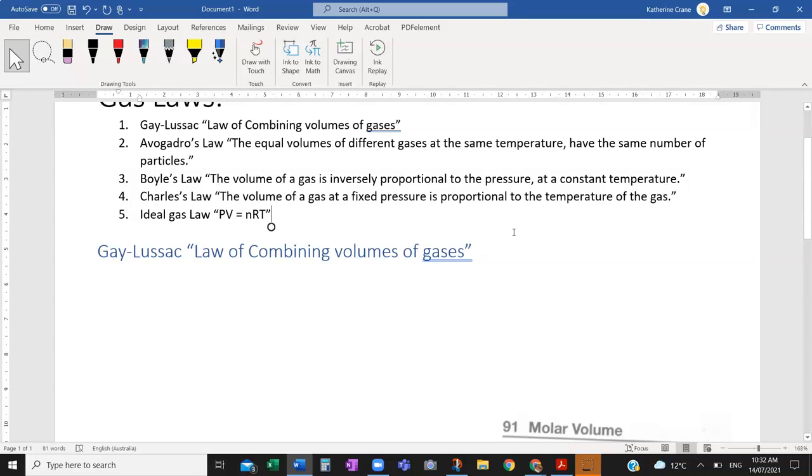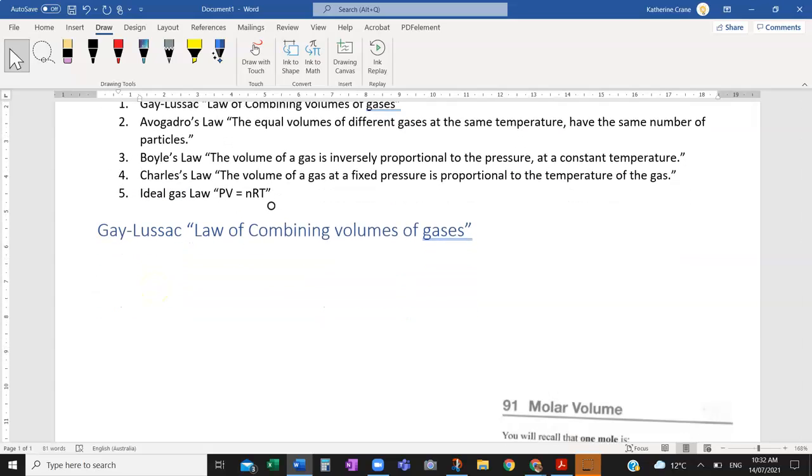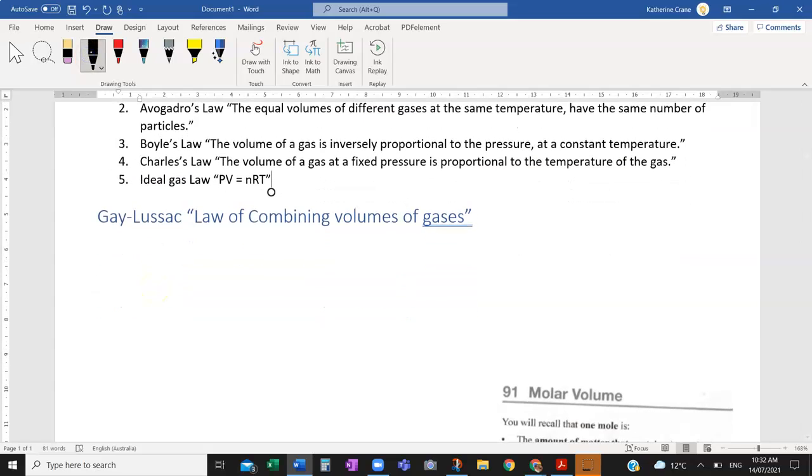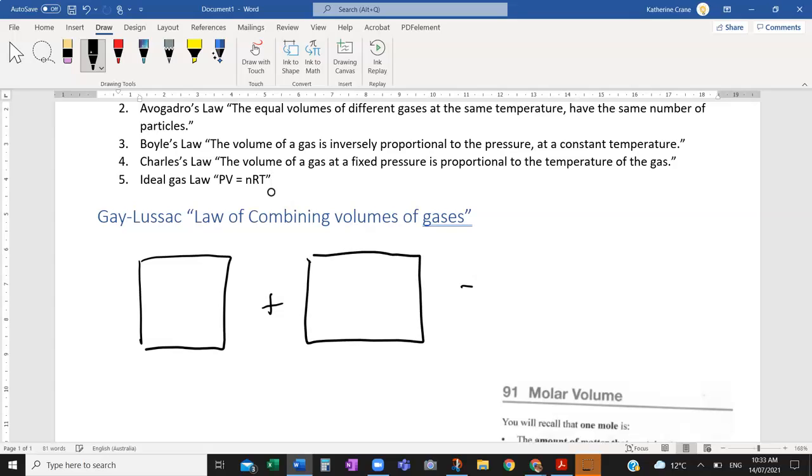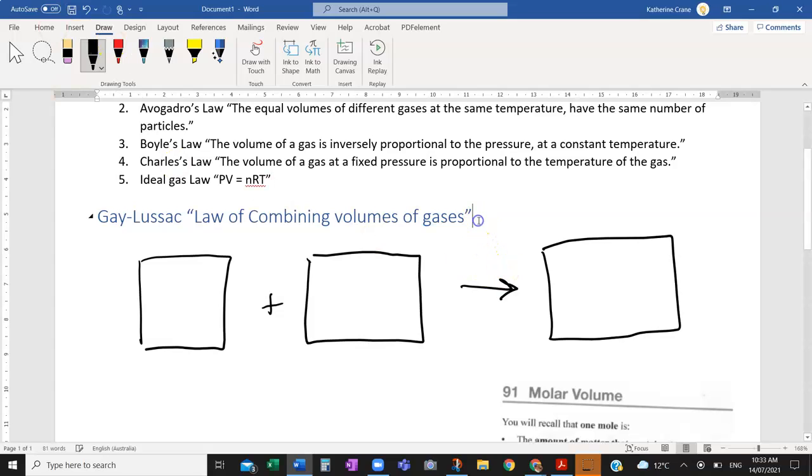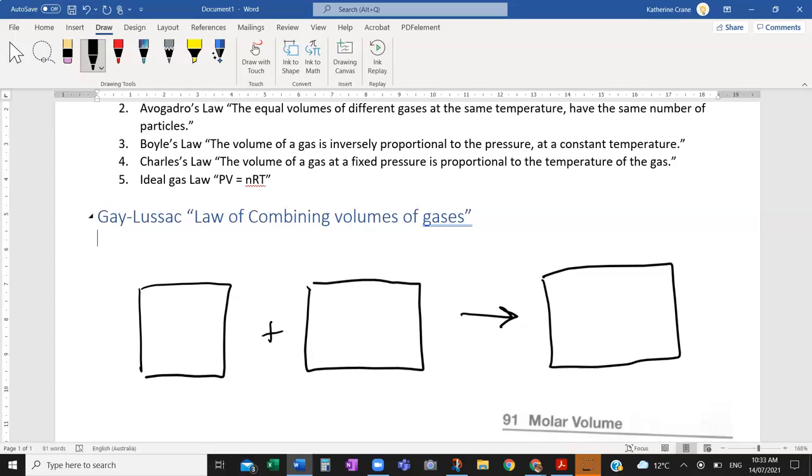Basically, what he said is that in a gas relationship, the volume of gases are in equal molar relationships.